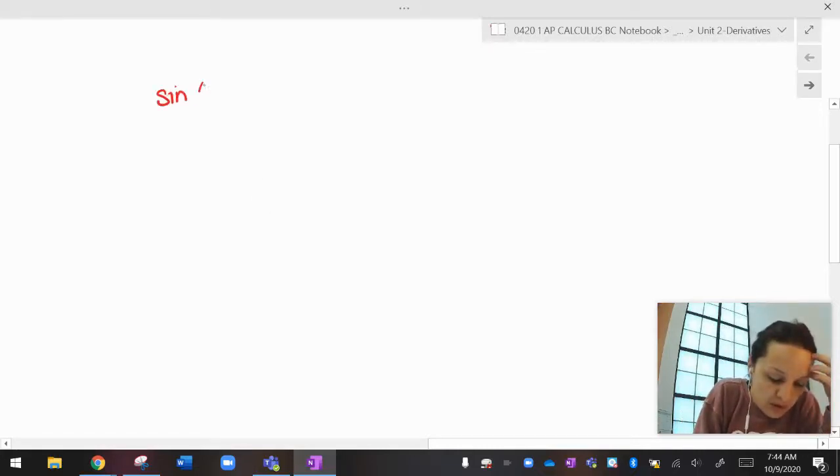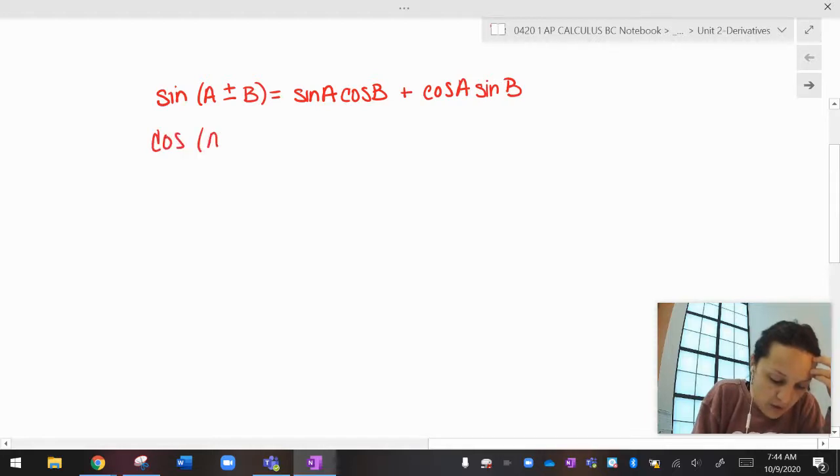There are two sum and difference formulas. The sine of a plus or minus b is sine a cosine b plus or minus cosine a sine b, and the cosine of a plus or minus b is cosine a cosine b, minus or plus sine a sine b.